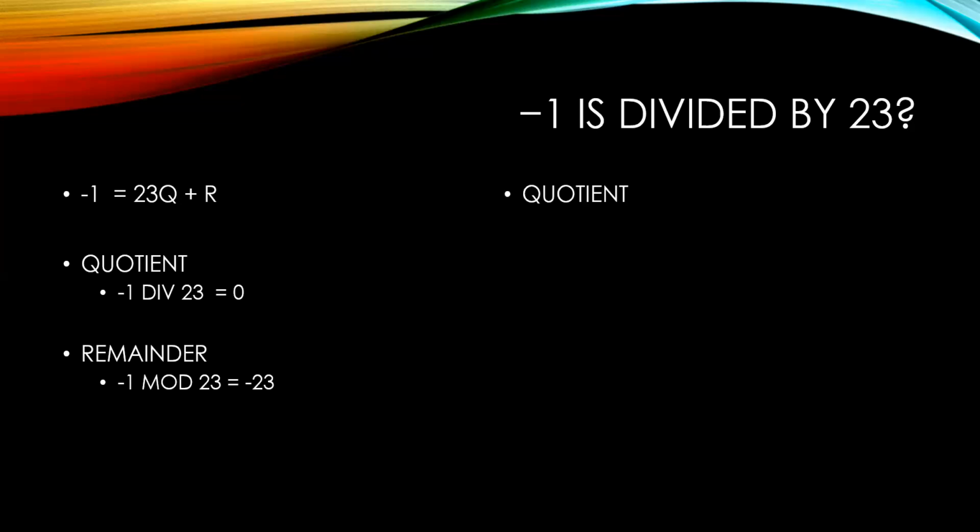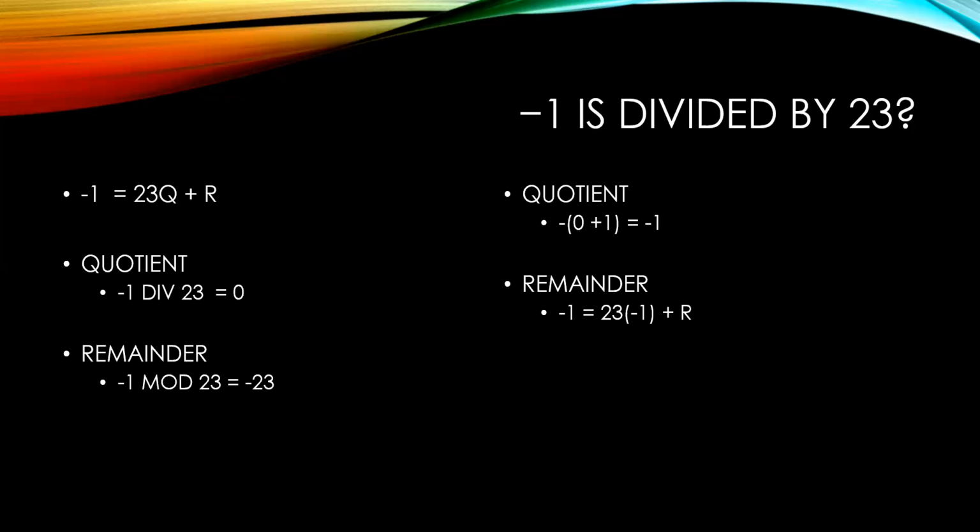For the quotient, same as with the previous slide, we're going to add negative 1 to our quotient, so it will be negative 1. For the remainder, using the division algorithm, this will be our equation. Negative 1 is equal to 23 times negative 1 plus r.